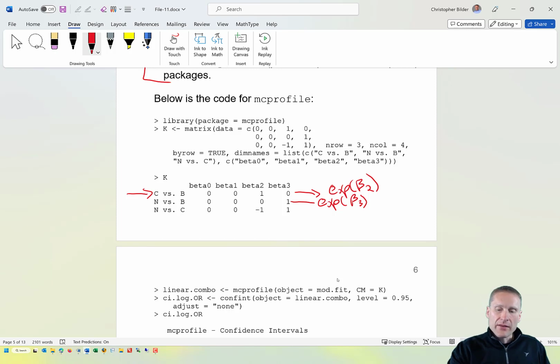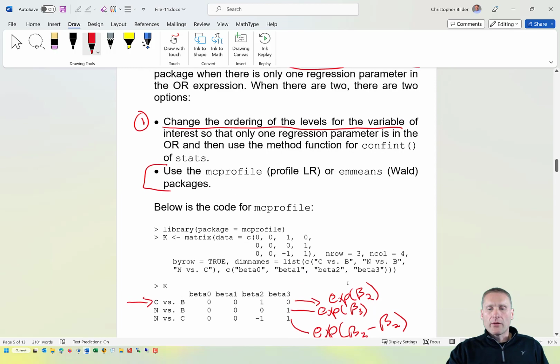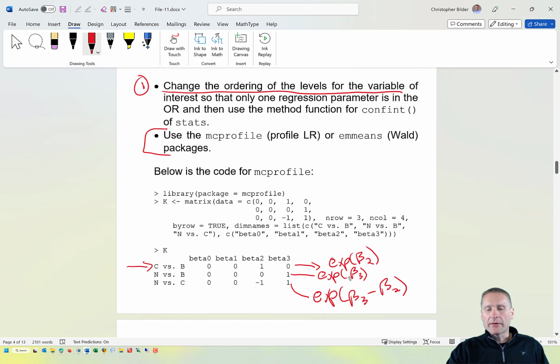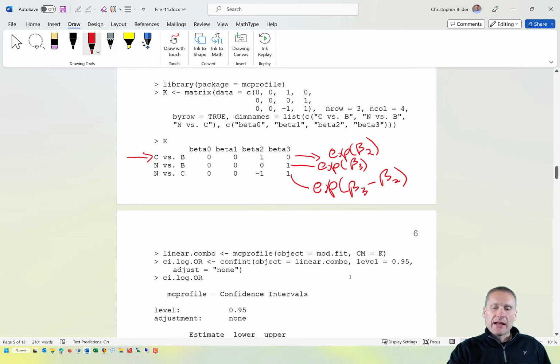And then to find N to C, this is going to give me the exponential function evaluated at beta 3 minus beta 2. Why do I want that? Well, this comes back to right there. Okay. So again, this K matrix gives me my coefficients on the betas that I need eventually for my corresponding confidence interval.